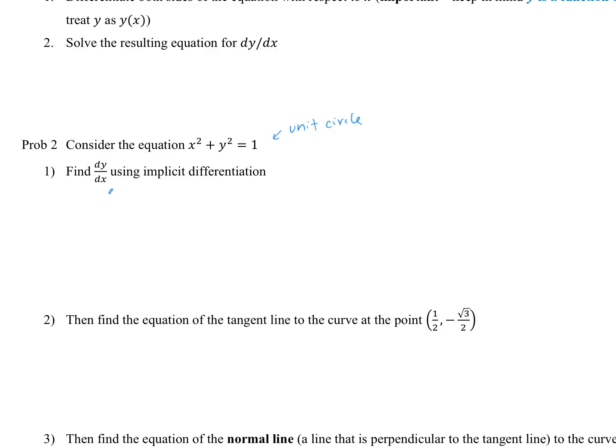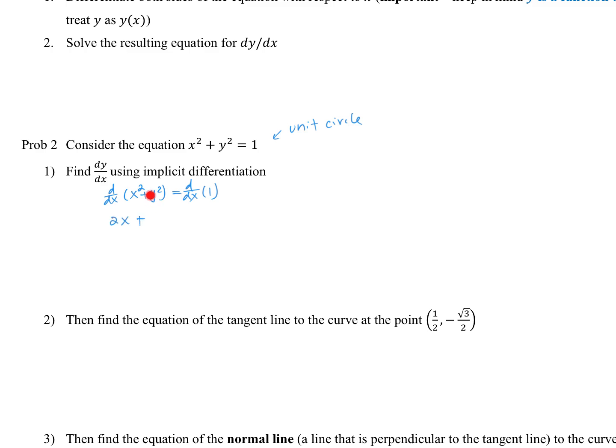All right, step 1, we're going to differentiate both sides with respect to x. So in other words, we're going to differentiate the left side and the right side with respect to x. The left side, the first term is x squared. The variables agree, so we just use the regular differentiation rule. We have 2x.